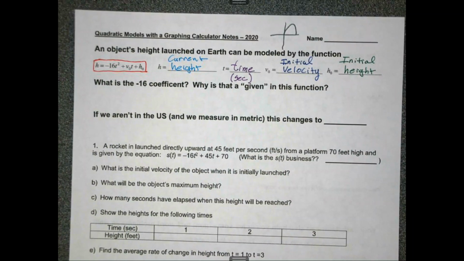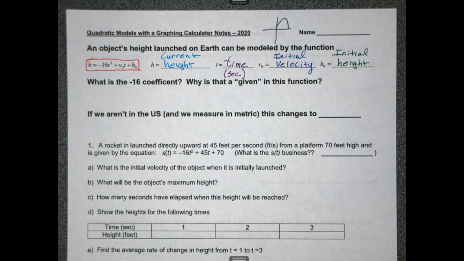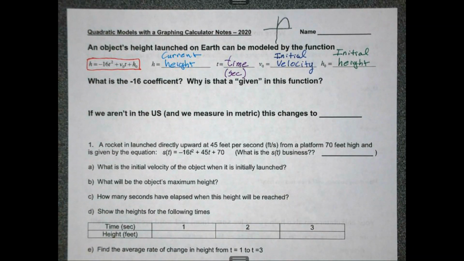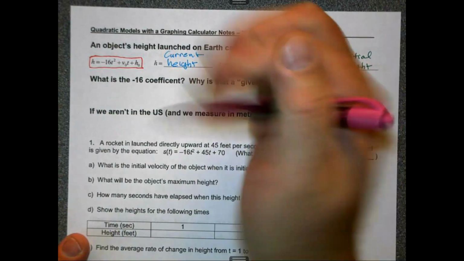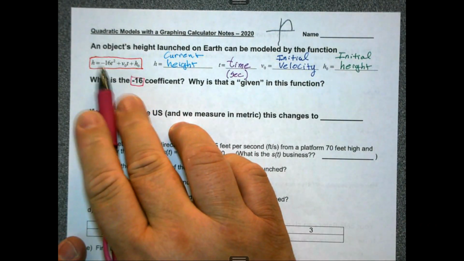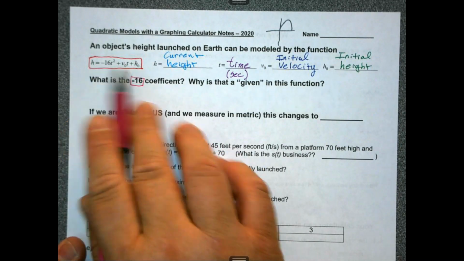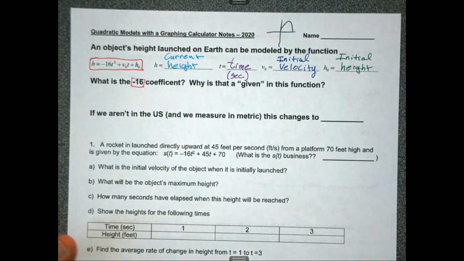Do we have any physics people in here? Did anybody take a lot of physics or in the science field and feel good about it? This negative 16 coefficient, by the way, what does this equation look like when we were graphing the quadratic function?